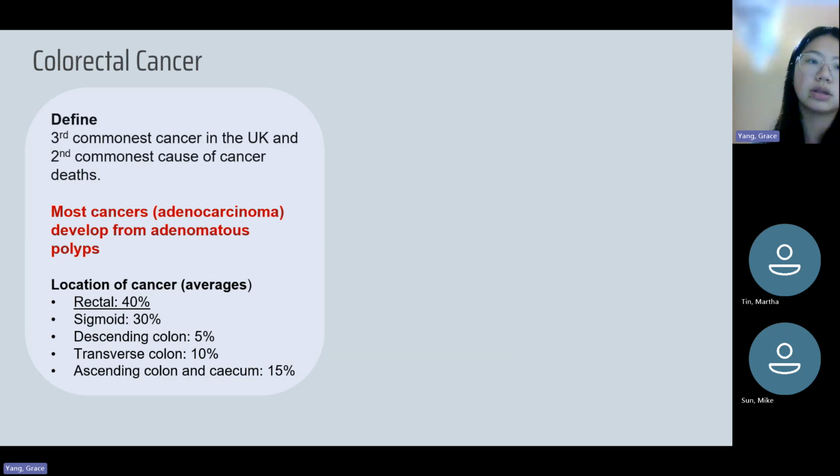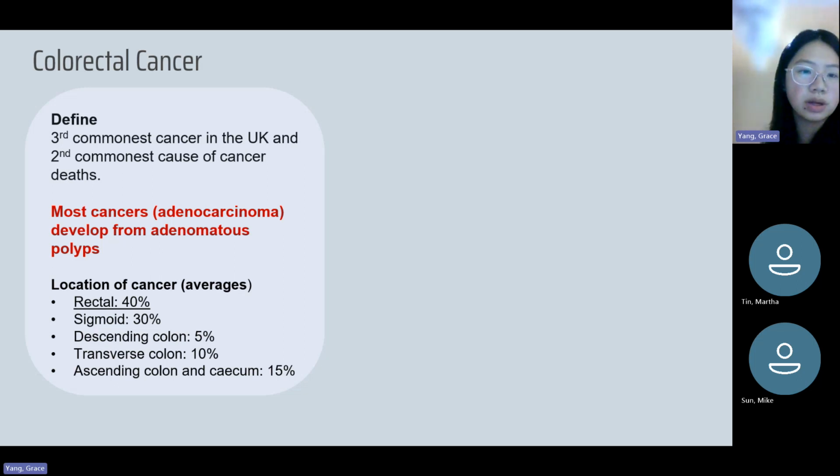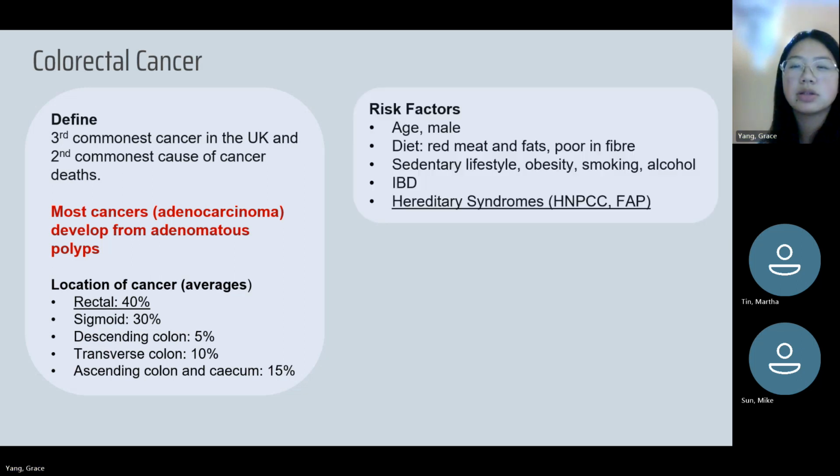Colorectal cancer is the 3rd commonest cancer in the UK and 2nd commonest cause of cancer deaths. Most cancers develop from adenomatous polyps, and the most common locations are rectal and then sigmoid cancers. There are several risk factors.